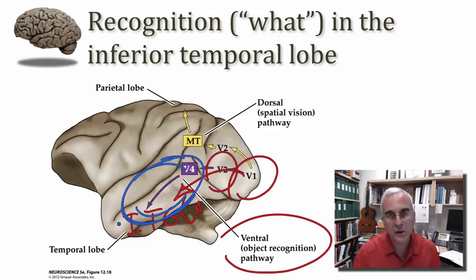Well, in non-human primates, this has been very well studied using stimuli that we think would be meaningful to a non-human primate. But of course, what we'd really love to do is be able to characterize the function of these regions in our brains. And we've been able to do that with our brain imaging techniques such as functional magnetic resonance imaging.